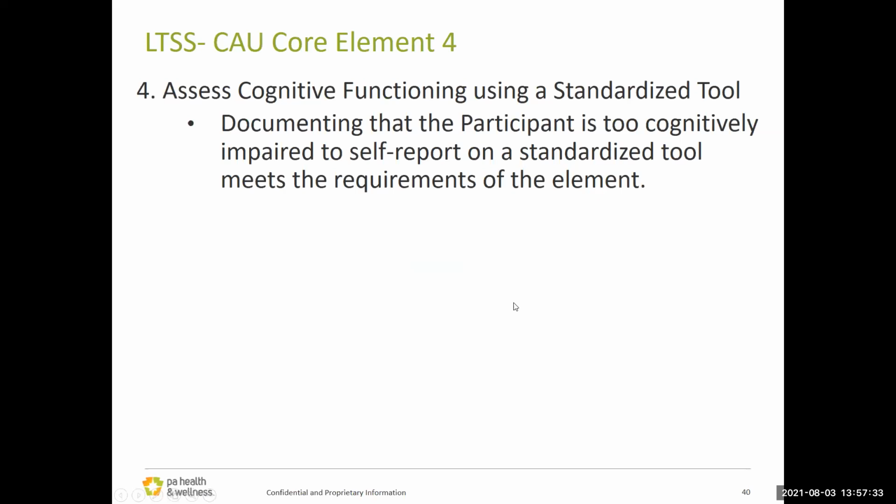Core element 4, assess cognitive functioning using a standardized tool. Documenting that the participant is too cognitively impaired to self-report on a standardized tool meets the requirements of the element. So if that participant isn't able to be assessed using that standardized tool because they are too cognitively impaired, and you're able to capture that information, that will also meet this element.